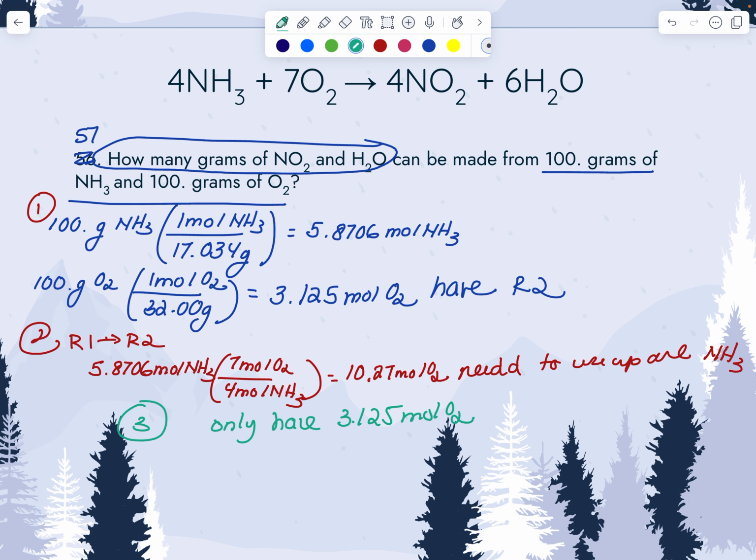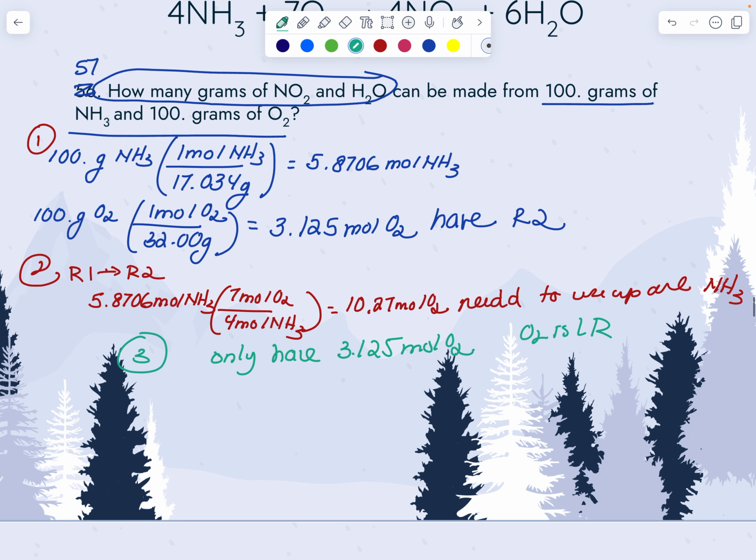So I don't have the amount that I need. So the have is less than need, which means I can't use up all of my ammonia. Oxygen is my limiting reactant. So O2 is my limiting reactant.